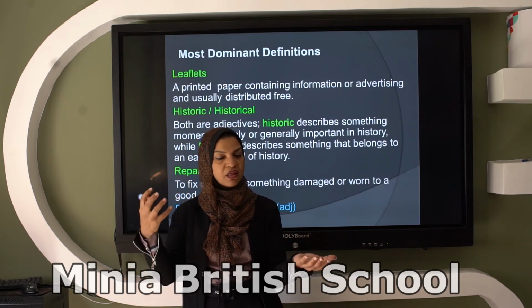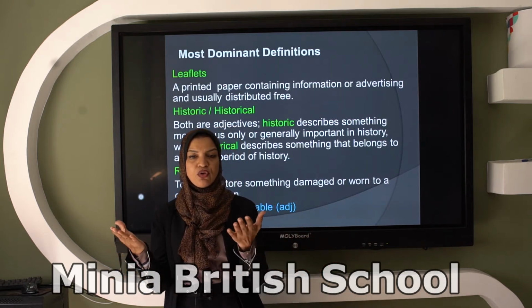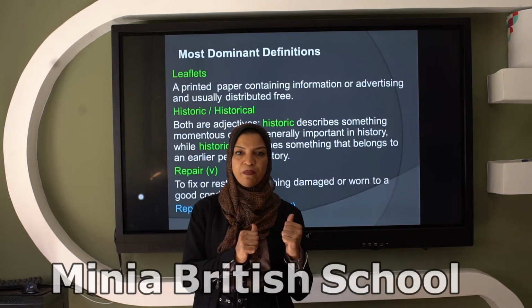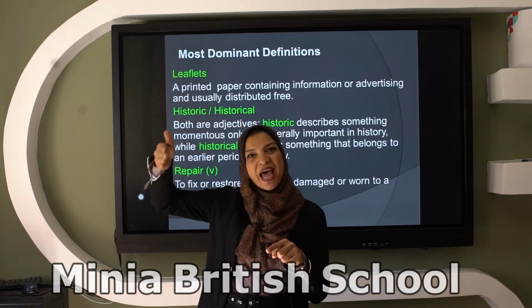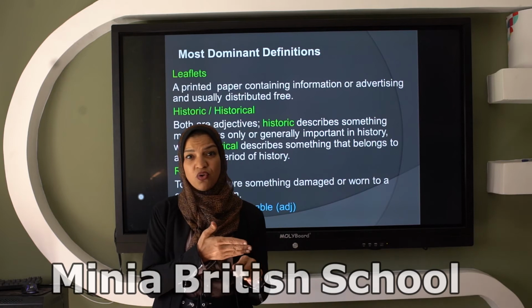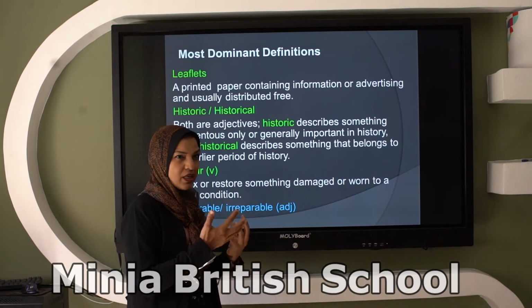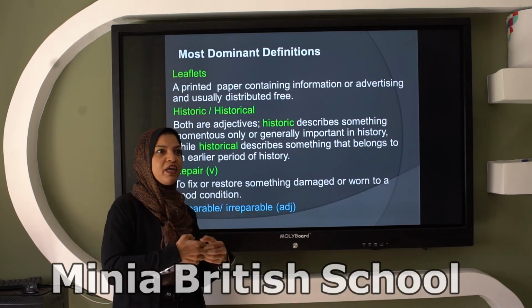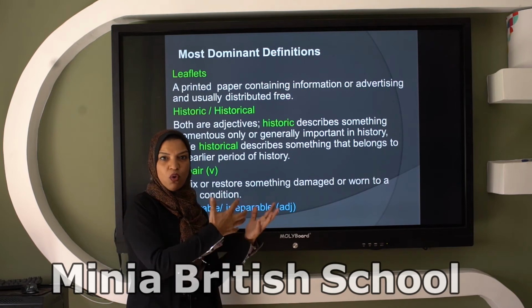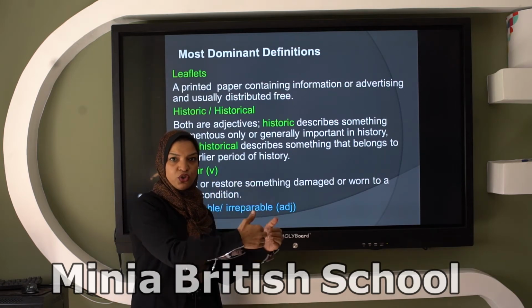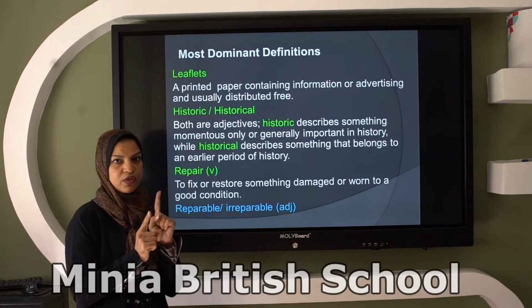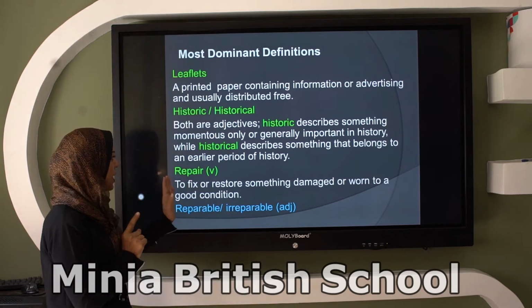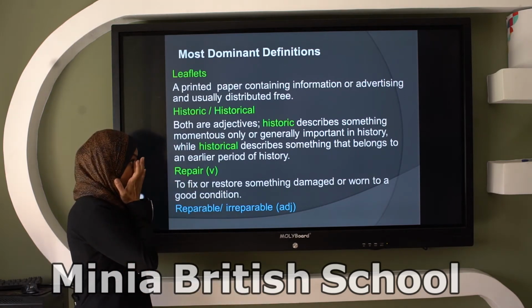So the issue about the movie concerns things in history, but the movie is not that old to say that it's a historic movie. So historic refers to being very old, connected to history. That's the difference, right?